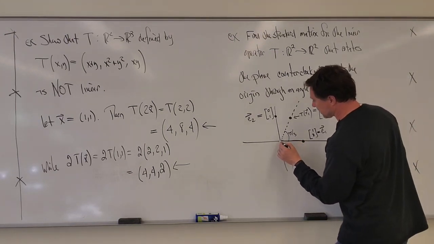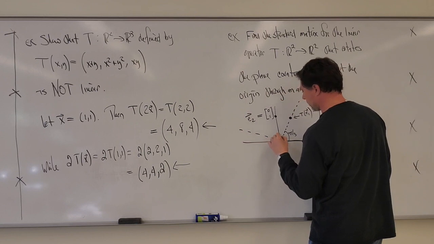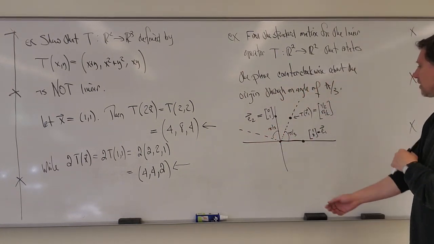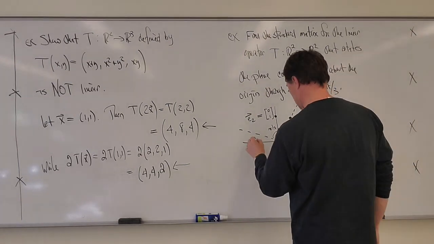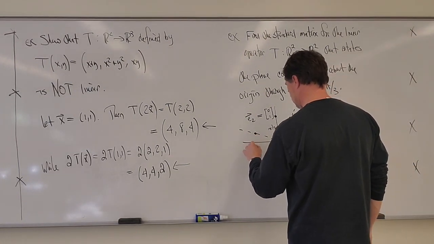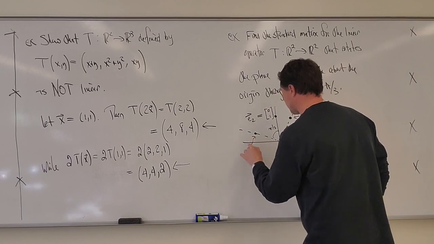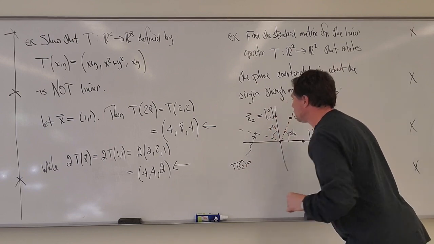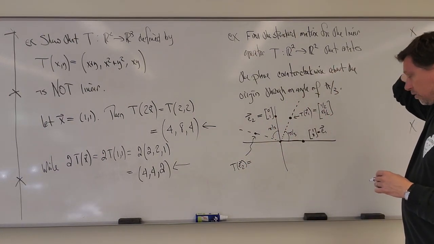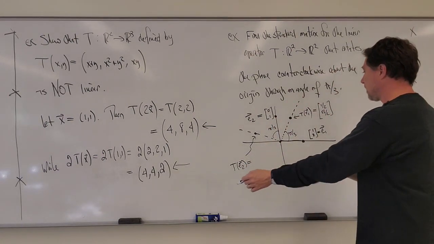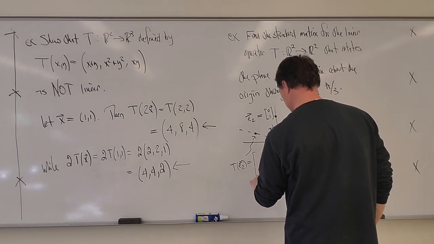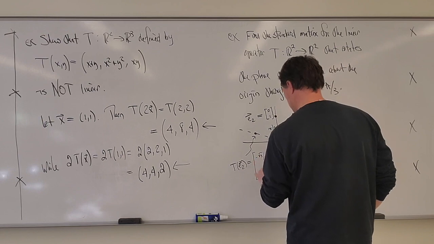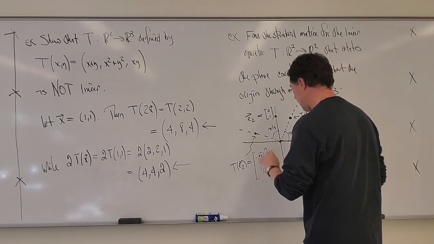And then the second one. There's an angle of pi over 3. And who is this vector right here? So there's T of E2, and who's that going to be? Well, if you rotate through an angle of pi over 3, that is going to be minus root 3 over 2 and 1/2.